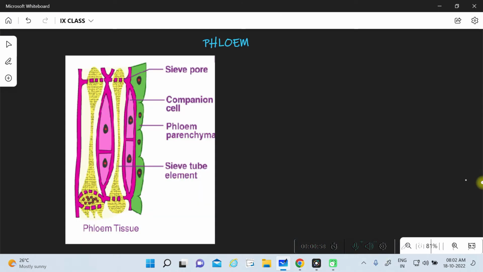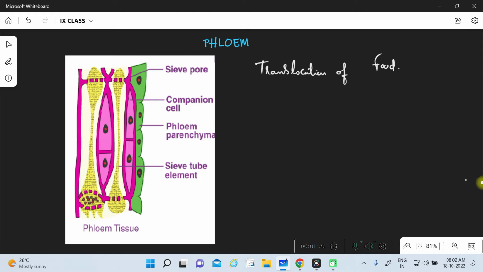Phloem is another complex tissue which helps in translocation of food. That is the main conduction of food.